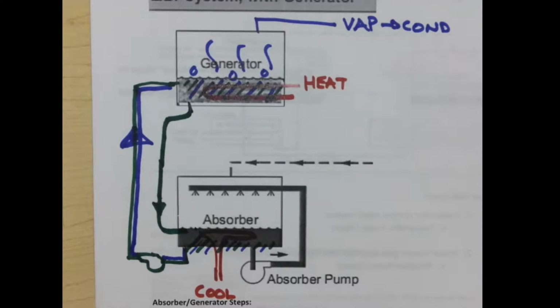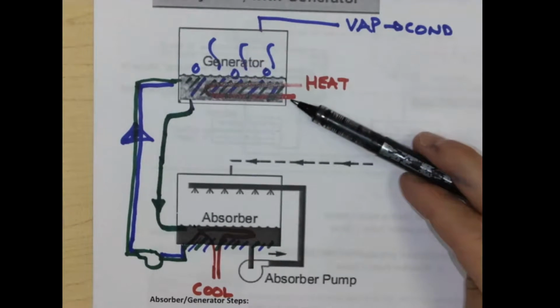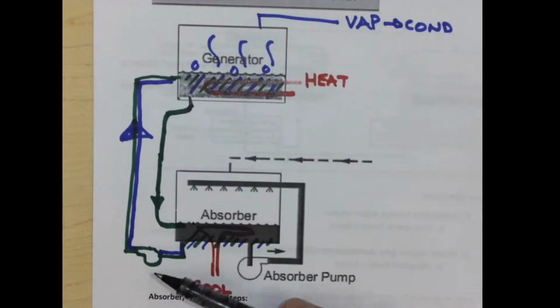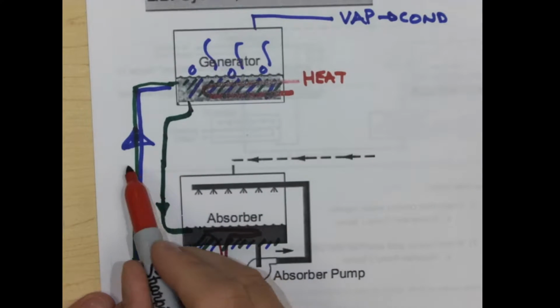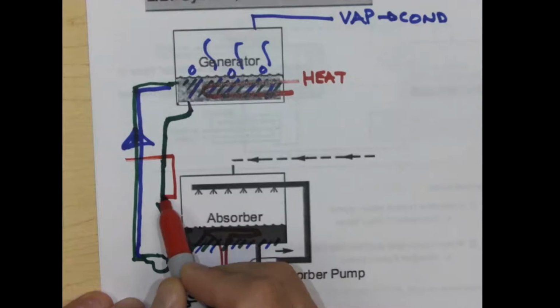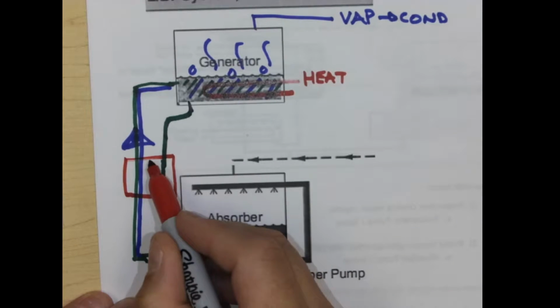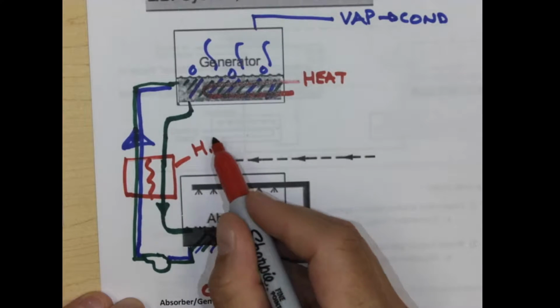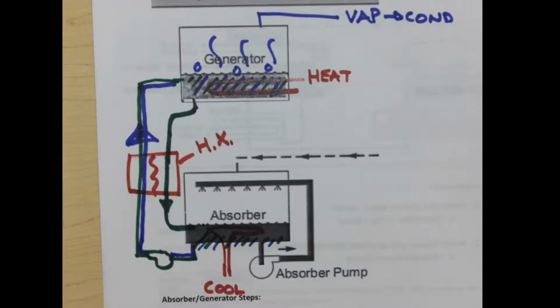Because what comes out of here is hot, and what comes out of here is generally cool, we can add in a heat exchanger.